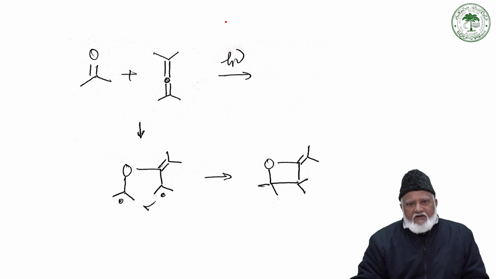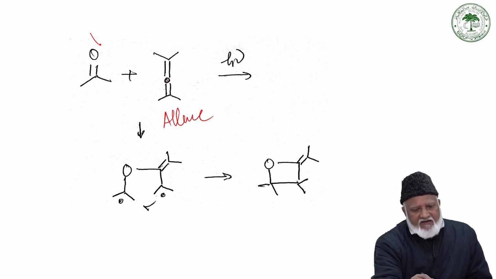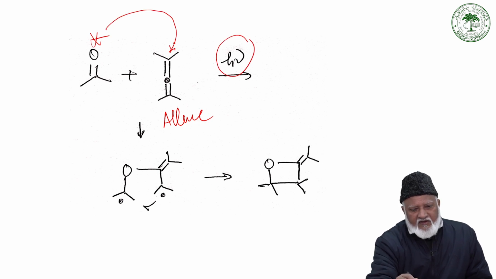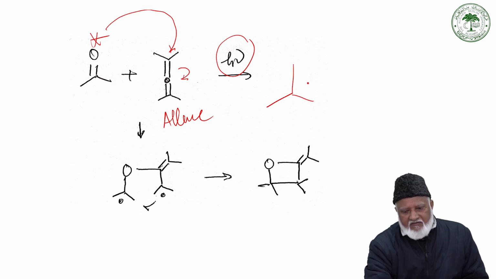This is another example of a reaction of a carbonyl compound to alkene. Of course, this is not a simple alkene, this is an allene, and in the presence of light, this excited carbonyl can add to either this carbon to generate a radical.